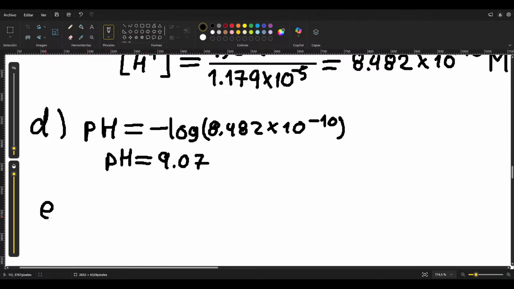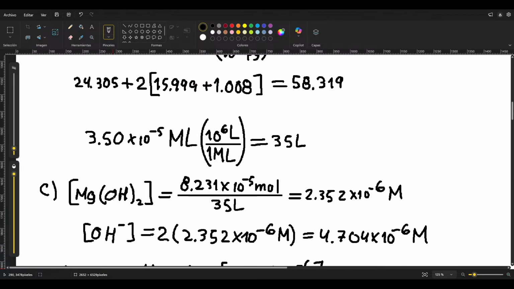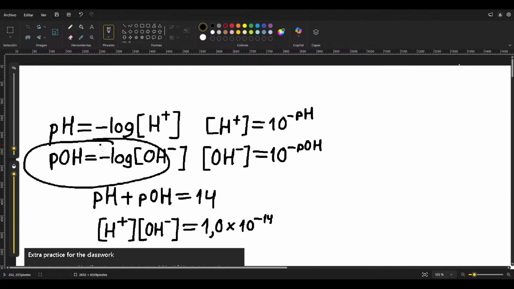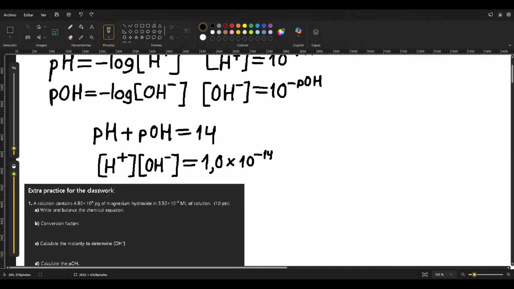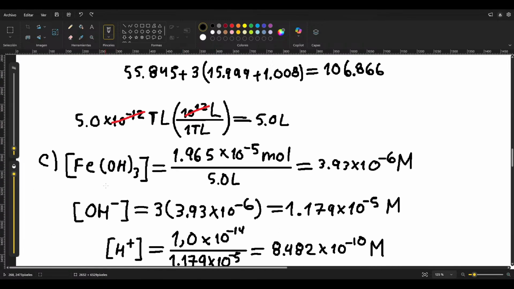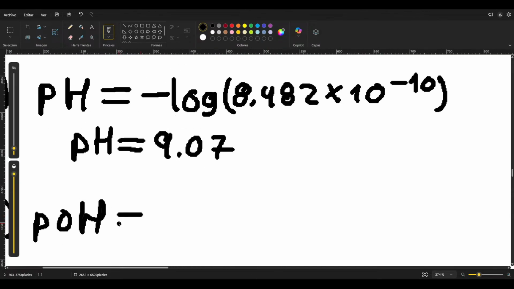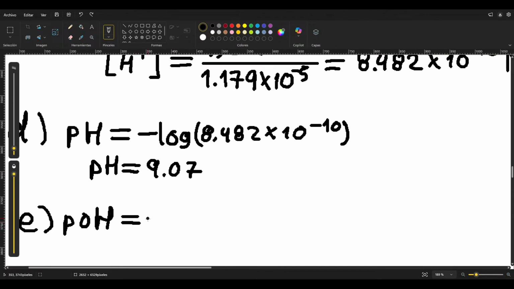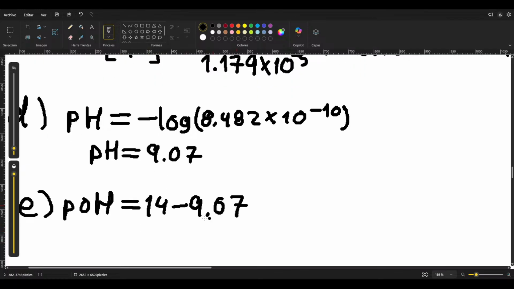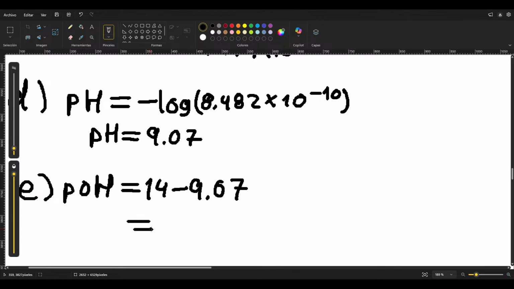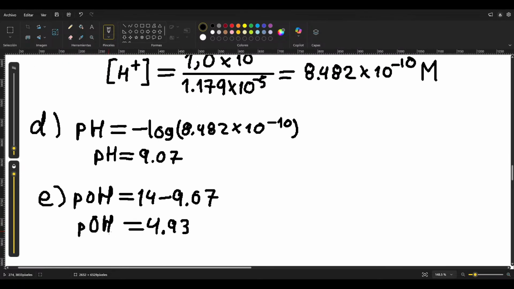And now the pOH, we can use either this or this, but I prefer pH plus pOH equals 14. So 14 minus 9.07 is 4.93.